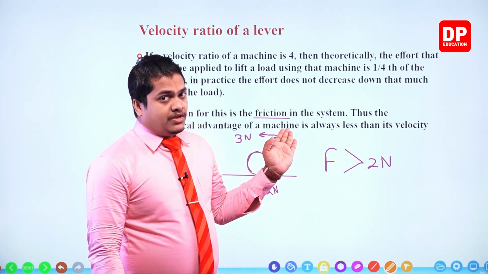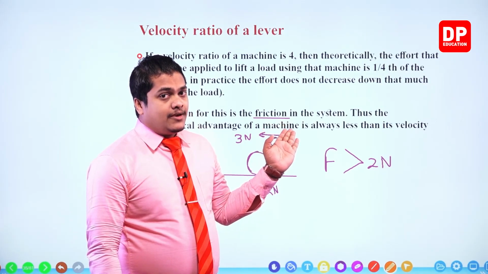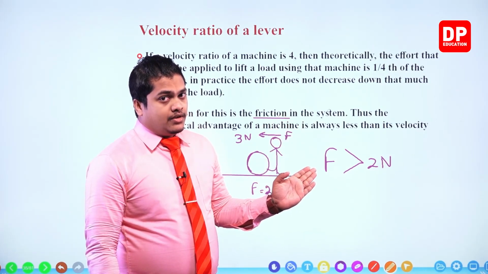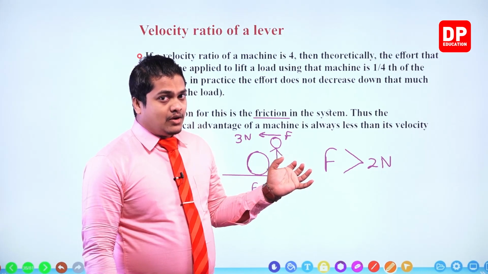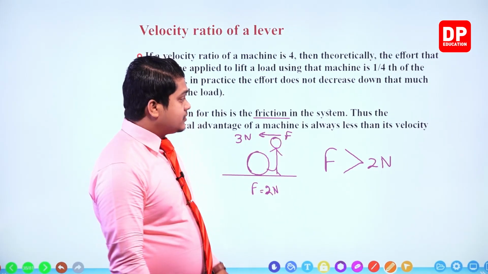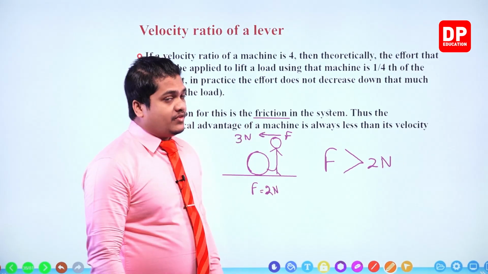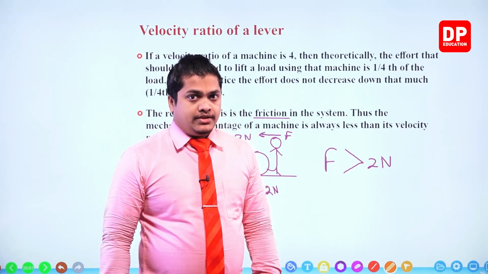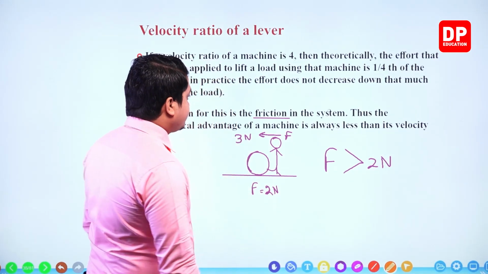The effort that should be given to the machine is equal to 1/4 of the load. That is the theoretical thing, but however, we have to provide even more to lift the load because of the friction created within the system. Okay, right then.